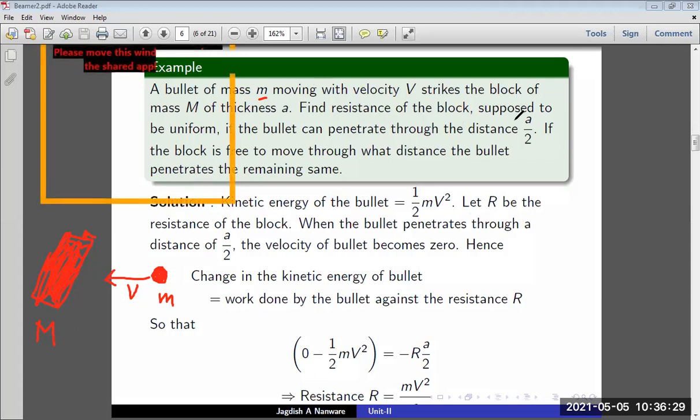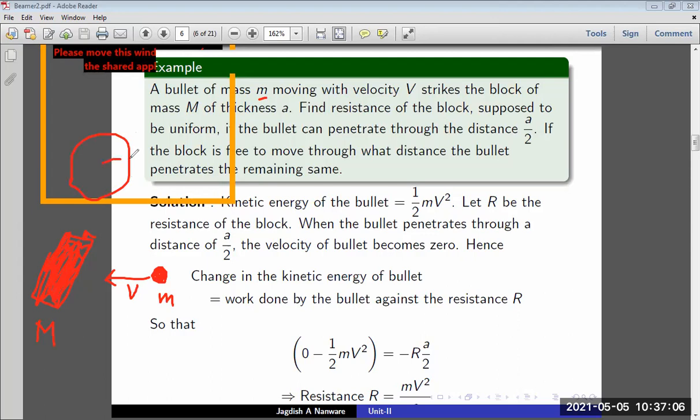Okay, so what is that? What we assume is that the bullet can penetrate through the distance A by 2. So whenever this bullet strikes this block, how much distance will it go into that block? That is half of the thickness, right? Suppose instead of block, you consider this as a ball, so it is some circle and it has some radius.